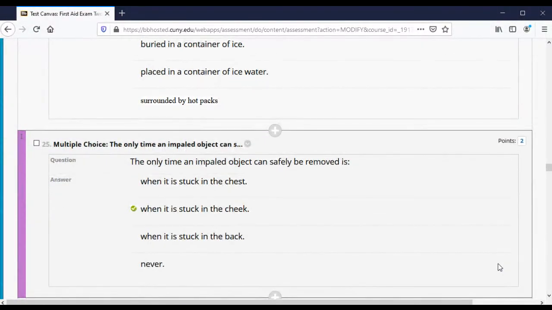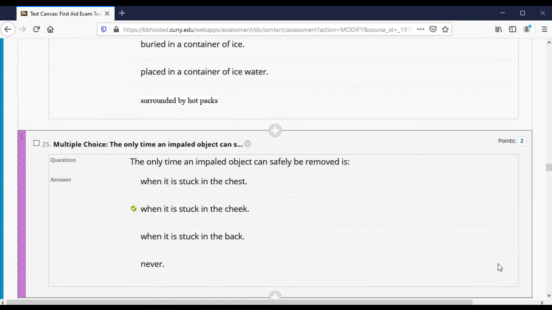Of all the choices there, the only time an impaled object can be safely removed is, out of the only chances, when it is stuck in the cheek. Remember we said when it's stuck in the cheek, it's the only time you can really see both ends of that impaled object. Now there are a couple of other situations when it's appropriate to remove an impaled object, an object that's stuck in the body. One is if it's stuck in the back and it prohibits you from doing CPR.